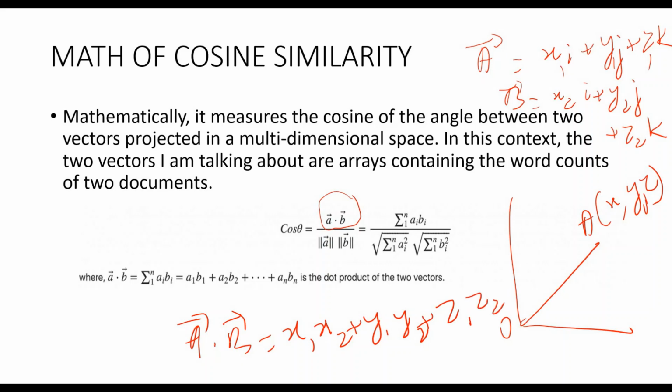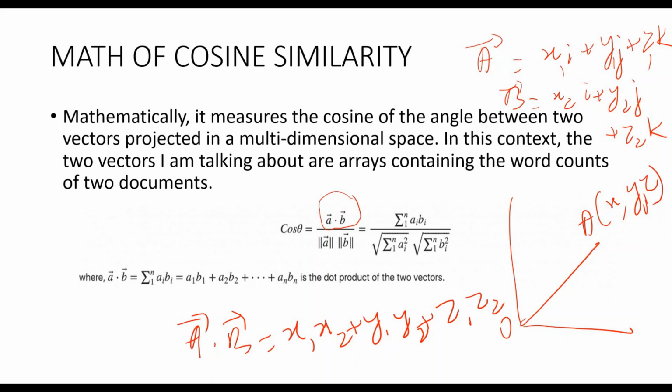If it is in this form, in unit vectors, i, j, k are the unit vectors. i is the unit vector along x-axis, j is the unit vector along y-axis, and k is the unit vector along z-axis. So vector A is equal to x1i plus y1j plus z1k, and vector B is equal to x2i plus y2j plus z2k. Then A dot B is equal to x1 x2 plus y1 y2 plus z1 z2. This is A dot B. So that value you can substitute.